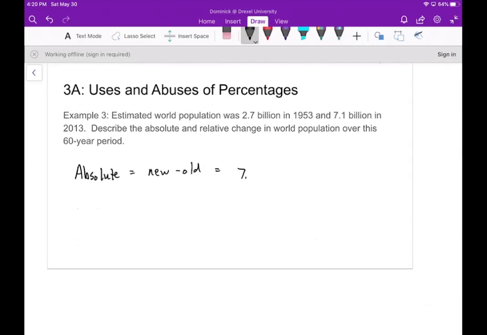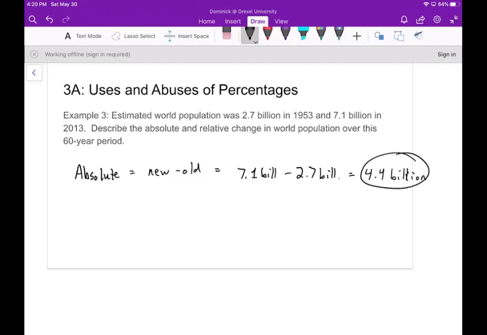So that would be a 7.1 billion minus a 2.7 billion. And of course, if we do that, let's see. So if I do a 7.1 minus a 2.7, I should get, what is that? I guess it's a 4.4. So I think we get a 4.4, yeah, billion.